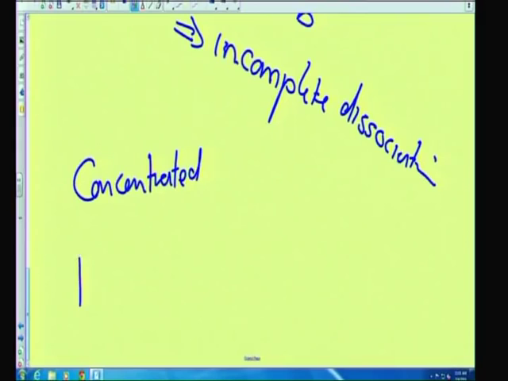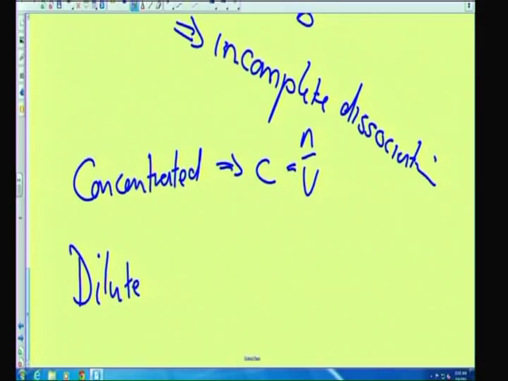Now, bear that in mind, and there's one last term that I need to pass to you. We're going to do an exercise with it, but I just want to mention it here. The strength or weakness of an acid has nothing to do with whether it is concentrated or dilute. Concentration, remember, tells us the number of moles per volume. So if I've got a large number of moles in a small volume, then it will be concentrated.